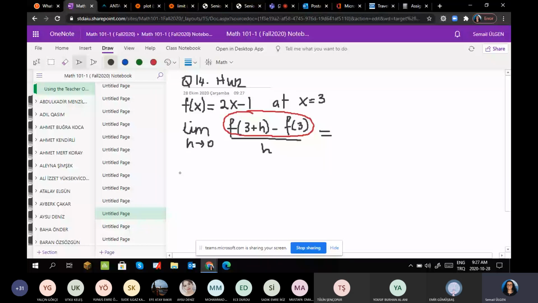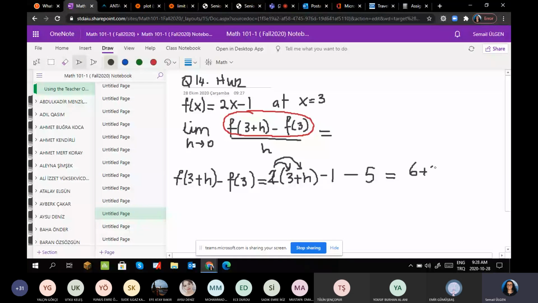f of 3 plus h minus f of 3: what is this? f of 3 plus h is 2 times 3 plus h, plugging in 3 plus h for x, minus 1. And then minus f of 3: 2 times 3 is 6, 6 minus 1 is 5. Then I simplify by distributing: 6 plus 2h minus 1 minus 5.